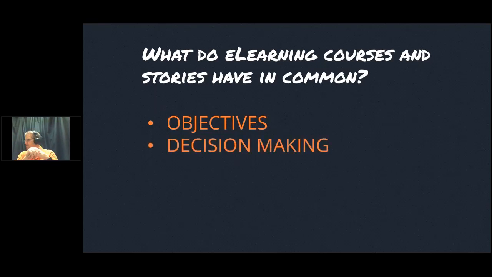There's usually some decision making that has to happen. At least for good e-learning, there's going to be some decisions to be made, whether that's in a branching scenario, a knowledge check, a quiz, an evaluation, things like that. There's usually some kind of imagery.